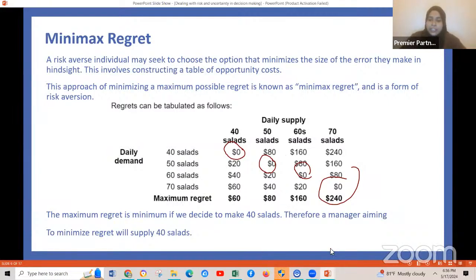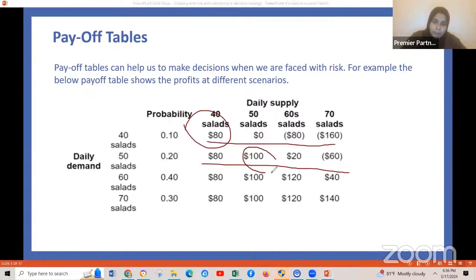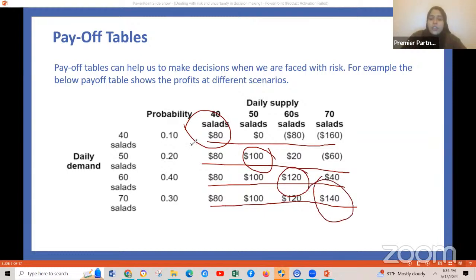You look at each situation horizontally, like this, and pick the best situation for each demand level. If demand was 50, supplying 50 is highest. Demand was 60, supplying 60 was the best. Demand was 70, supplying 70 was the best. So now you look at it horizontally.